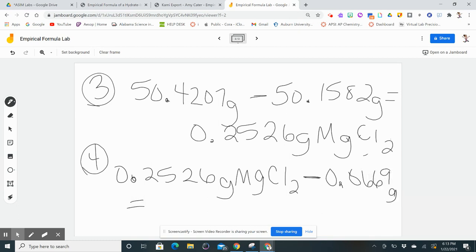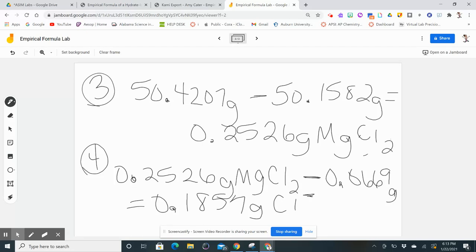And that's grams of magnesium. So if I subtract out the grams of magnesium, all I'm going to have left is the grams of chlorine, which for this data turns out to be 0.1857 grams of chlorine, or chloride. Chloride has the negative sign there. Okay? So that's number 4.